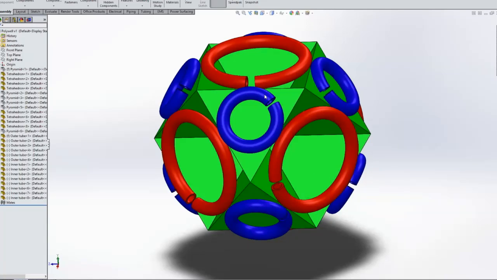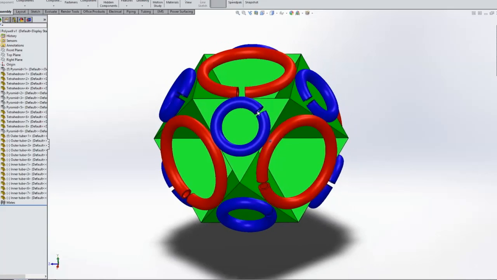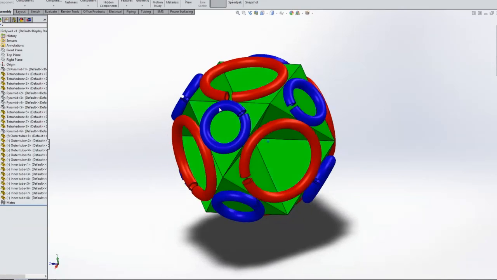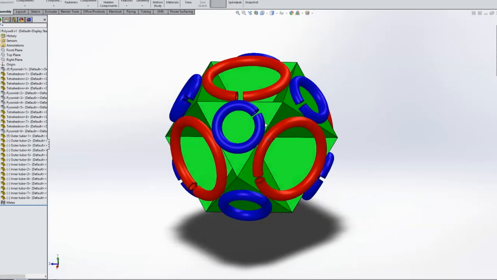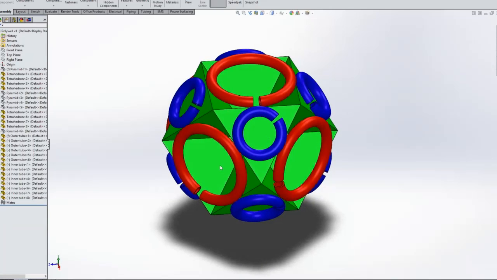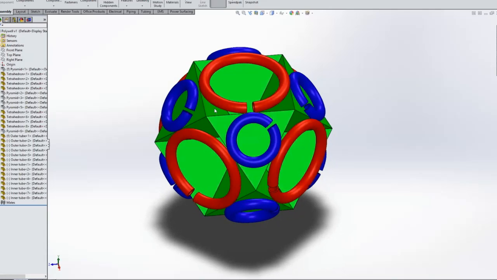Actually, I have made models of this with magnets, and in order to make it all space filling, you couldn't do it with just the vector equilibrium. You need an octahedron also. So one vector equilibrium and one octahedron would fill all space.